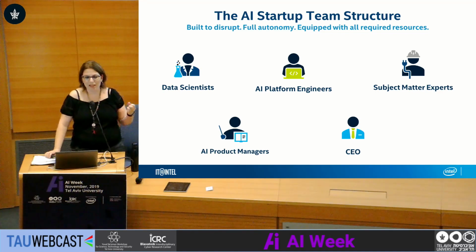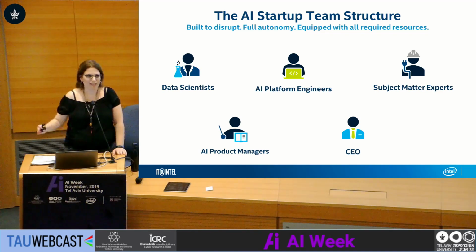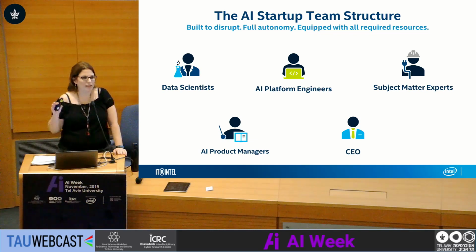And the way we do that is that the teams are composed of data scientists, the people whose job is to take the algorithm from ideation to production in the highest quality possible. I have the AI platform manager and platform engineers, and Moti explained a lot about the proficiency and what it takes to shift data around and make it in a very effective way that enables deploying AI in production at scale.